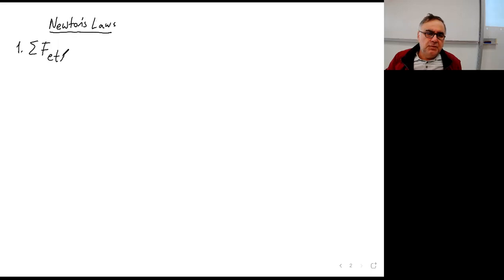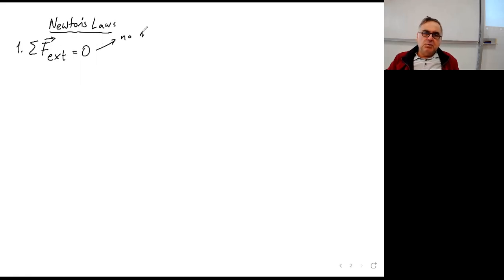Now, for the force analysis, the fundamental laws we are using are Newton's laws of motion, which are familiar to you, I suppose. The first law: if the external forces acting on an object are zero, then you have two possibilities.